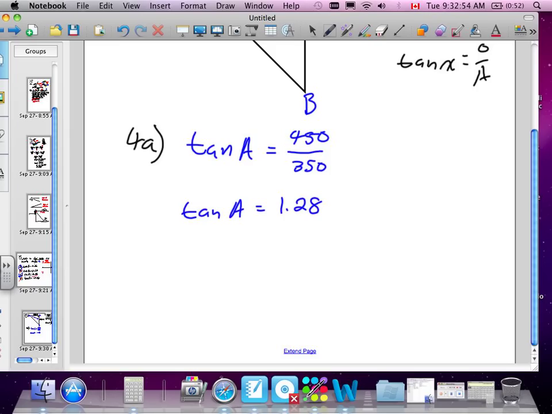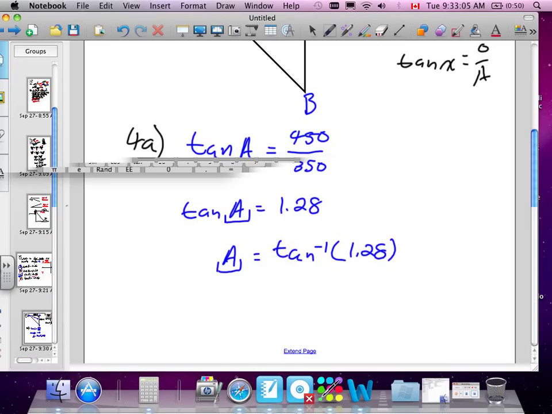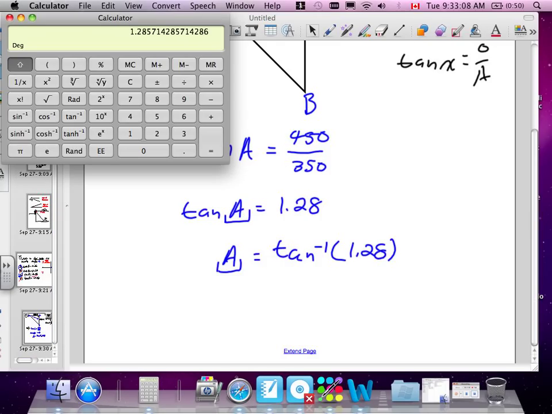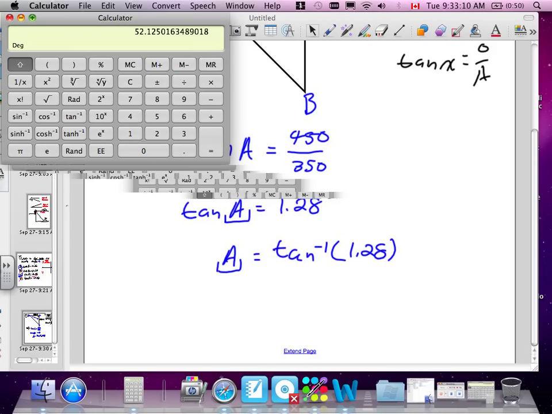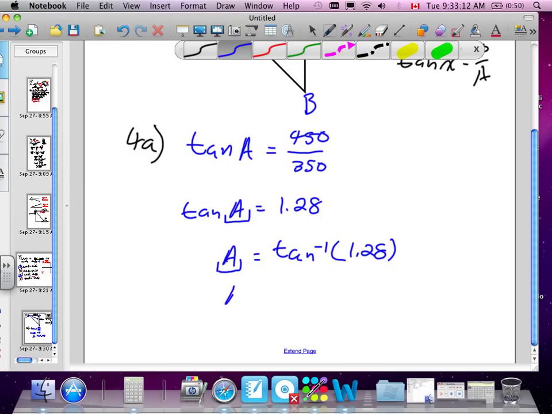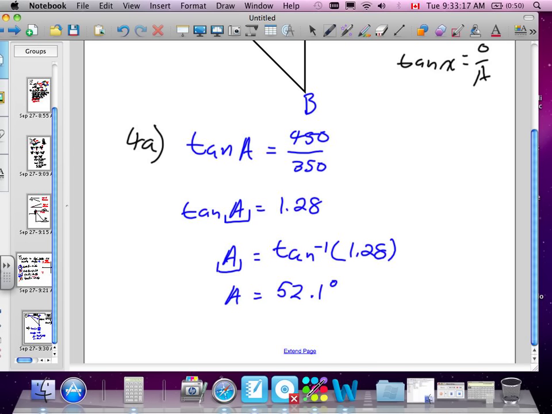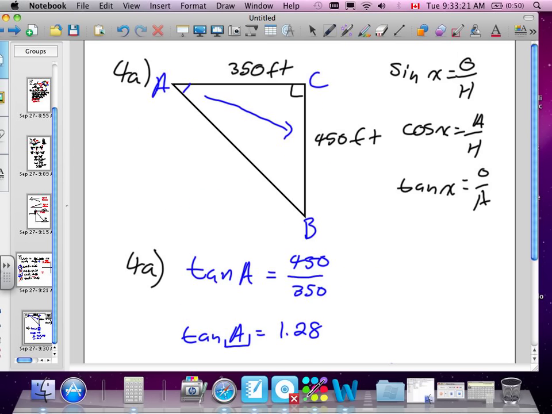And then I need to move tan to the other side. So tangent to the inverse of 1.28, because we're trying to isolate just the angle, will become 52.1. So our first angle A is 52. We're going to round it directly to 52.